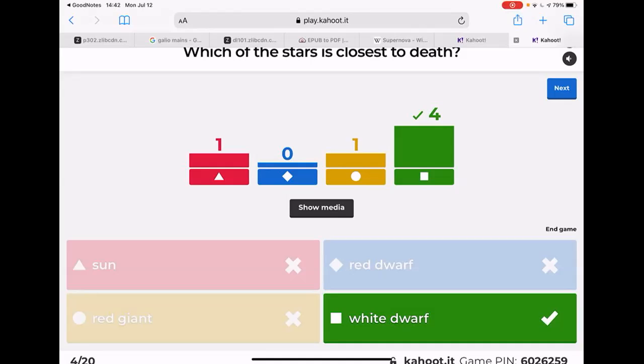So that's the closest to death. As it cools off, it will begin to die. Red giant comes before white dwarf, and a sun comes before that. So the order goes from sun, red giant, to white dwarf, youngest to oldest. And a red dwarf, well, that doesn't exist. So I'm glad no one chose that.